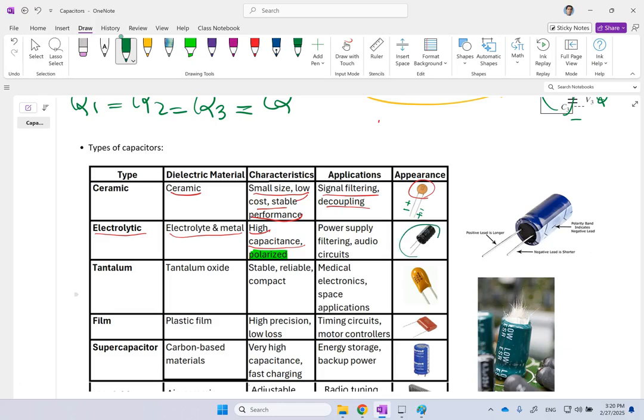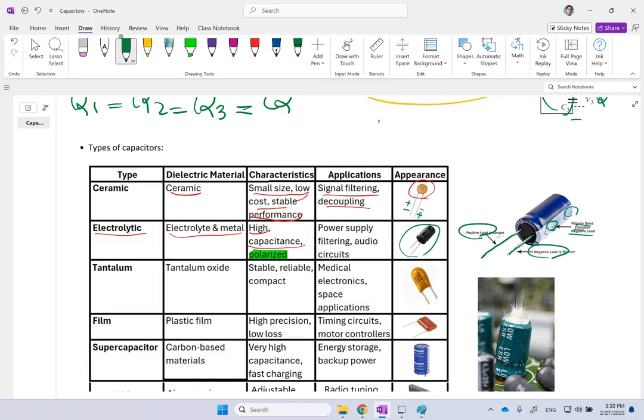But these electrolytic ones, they have a polarity. If you look at their body, there is a negative side and it is marked, okay? And typically, if you look at their legs, one of the legs is shorter, the other leg is longer. The longer leg is the positive leg, the shorter leg is the negative leg, okay?